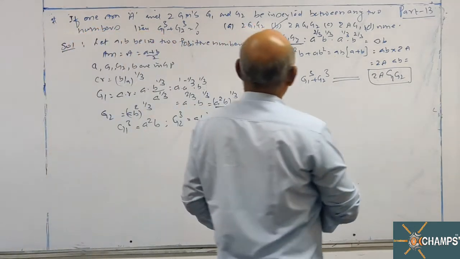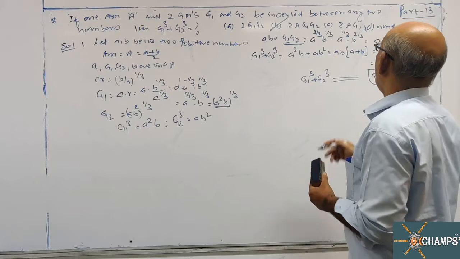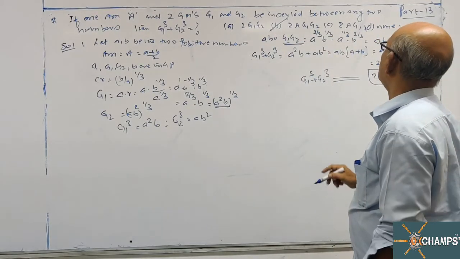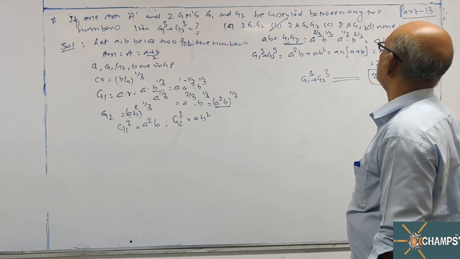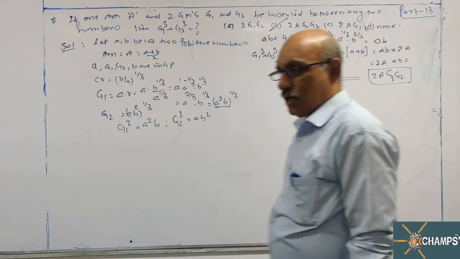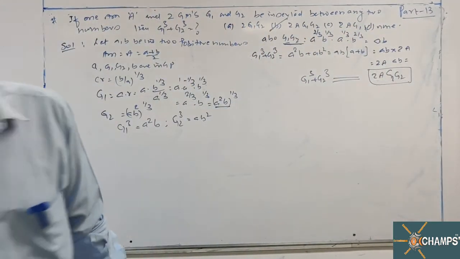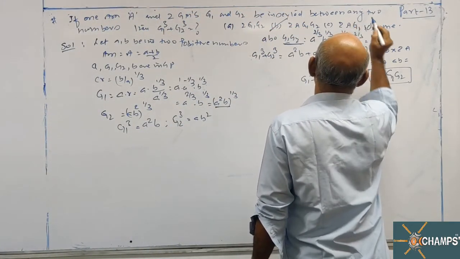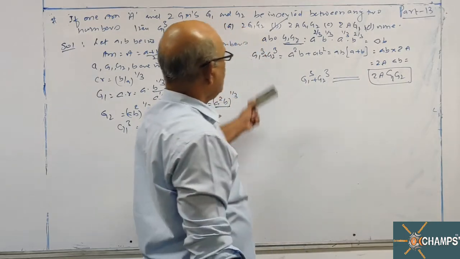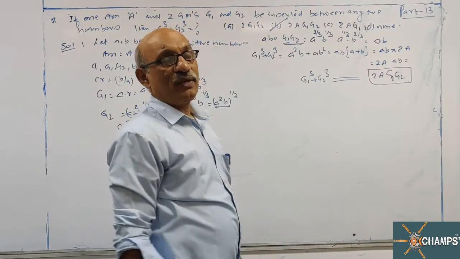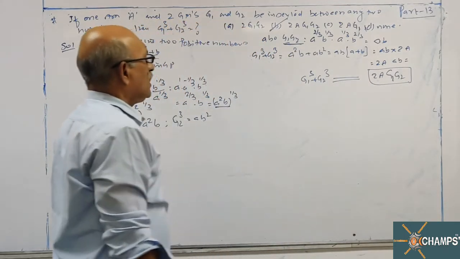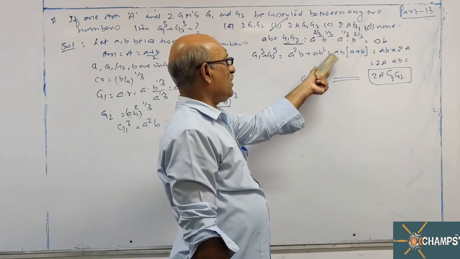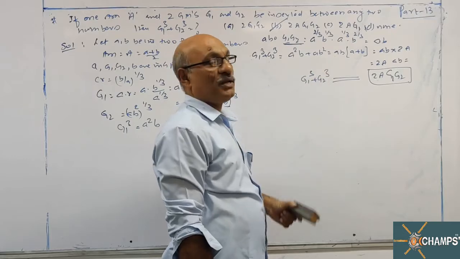Now, let us calculate one more value, because in the options I have G1 G2, here also G1 G2. What is my option C? 2A into G1. So G1 G2 value calculated is obtained as ab. Now G1 cube plus G2 cube is a square b plus ab square; you can take ab as common, it is a plus b.